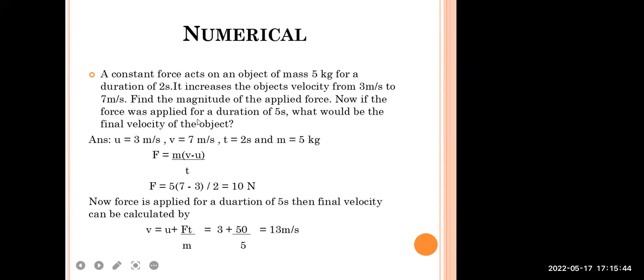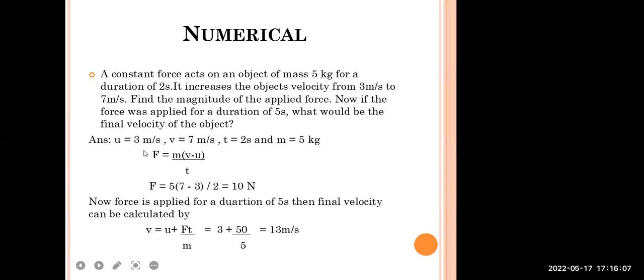Now, if the force was applied for a duration of 5 seconds, initially they applied the force for 2 seconds. Now, if we apply it for 5 seconds, then what will the final velocity be? You have to rearrange this formula for final velocity v. You are supposed to multiply, so Ft upon m plus u will be your v.